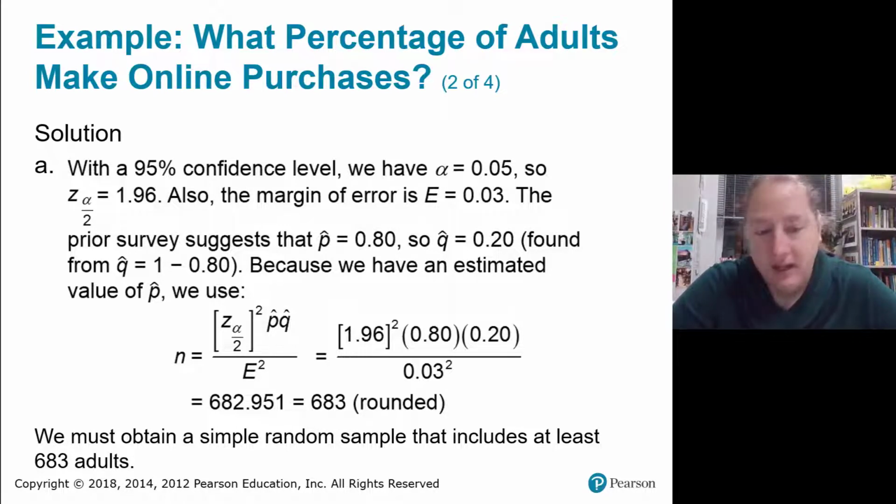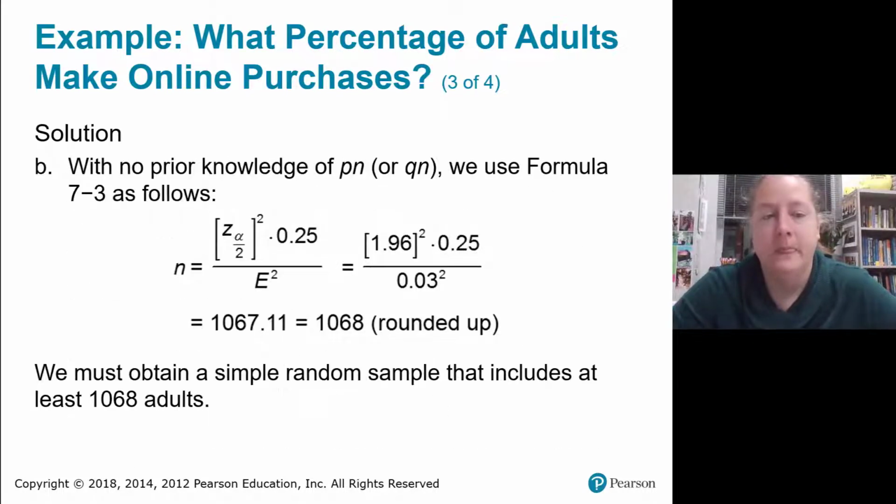So we plug all of these things into our n equation, and when we do this, we get 682.951. We round up always to 683. So we must obtain a simple random sample that includes at least 683 adults to be 95% confident with a 3% error.